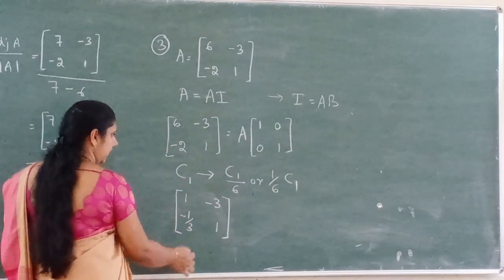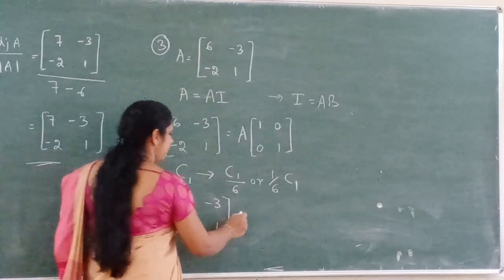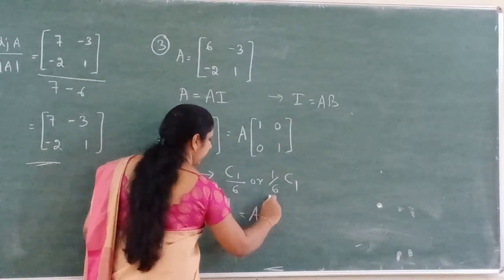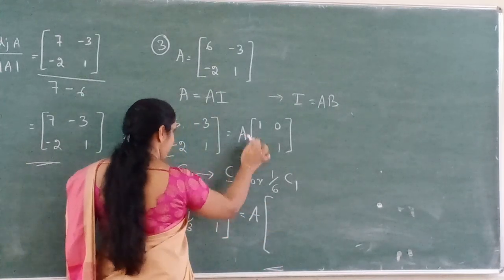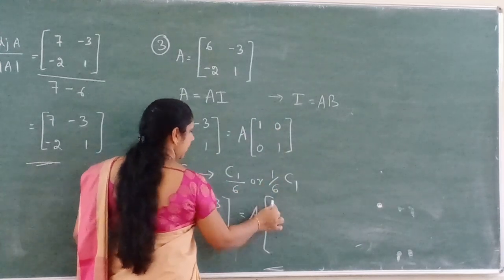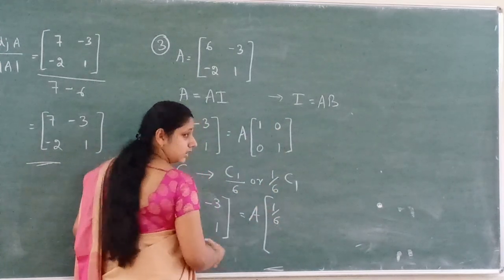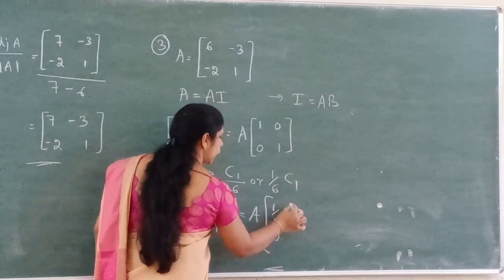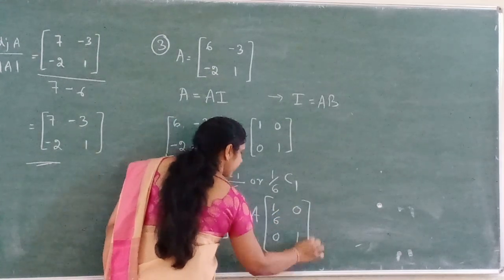So you have to change only the first column. Equal to A into, again do the same operation for this matrix also. So 1 into 1 by 6, 1 by 6, 0 into 1 by 6, 0, 0.